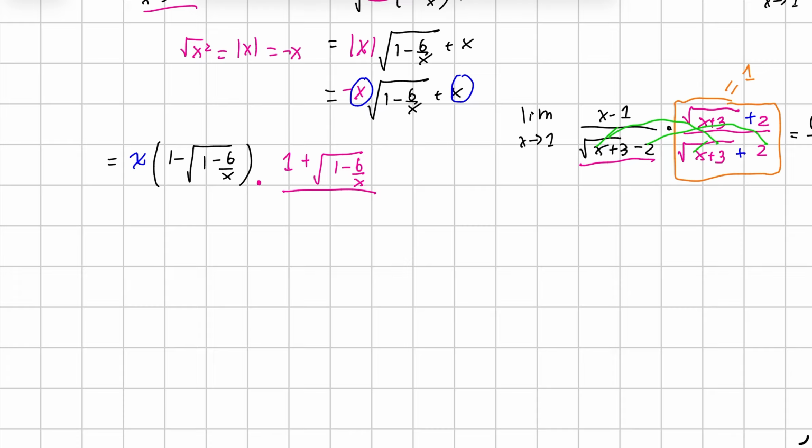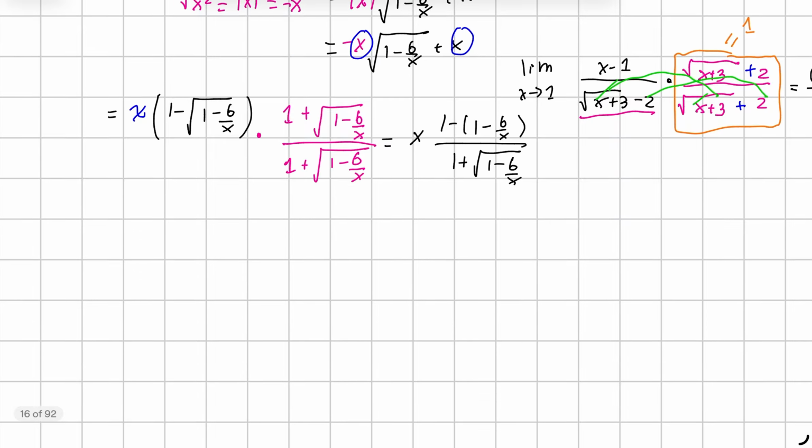And in the denominator, we have 1 plus the square root of 1 minus 6 over x. So we're going to end up with x times 1 minus 1 plus 6 over x. And then here we have 1 plus the root of 1 minus 6 over x.